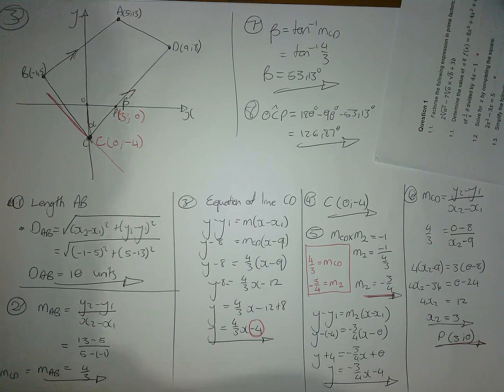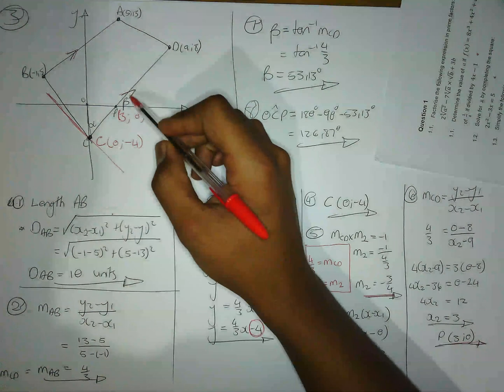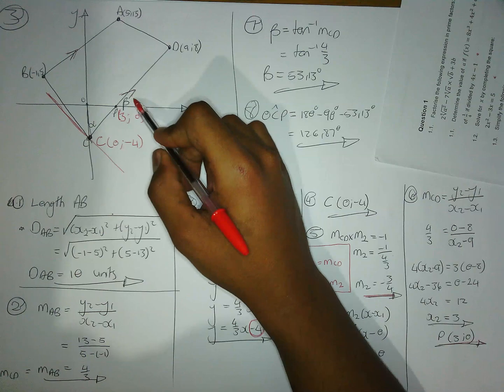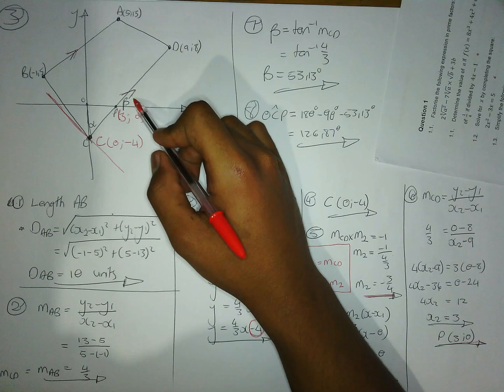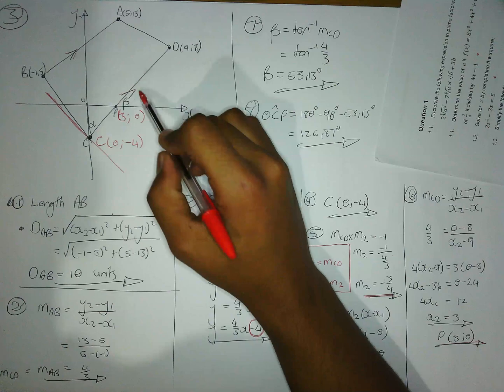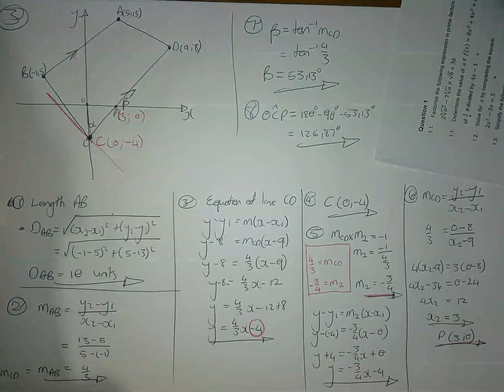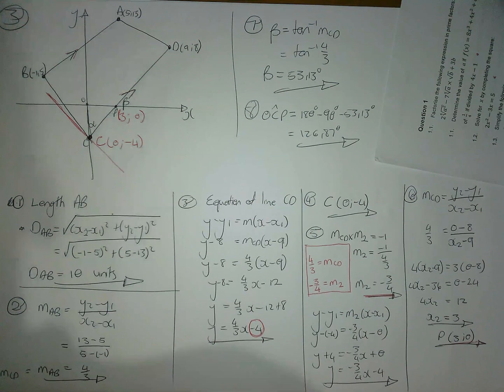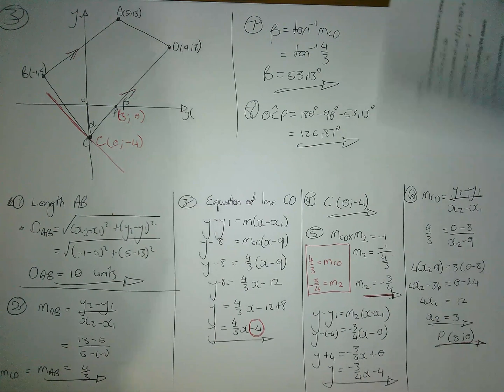The next question is, determine the size of angle beta, this one here, the angle of inclination between line CD and the x-axis. So they want this one here. We must see that beta is an acute angle, so it's going to be this one here.